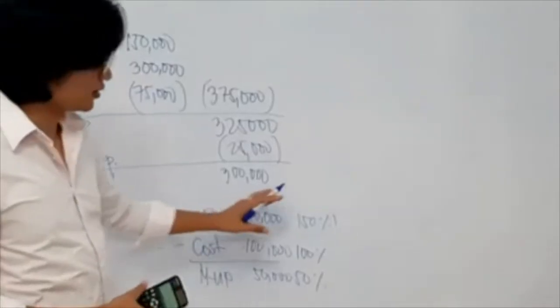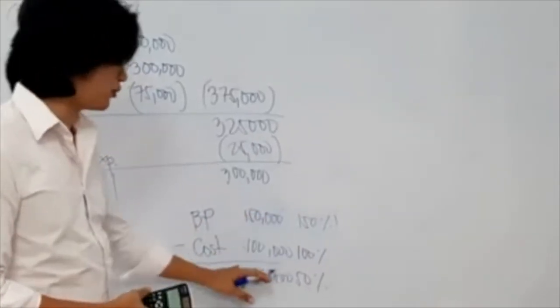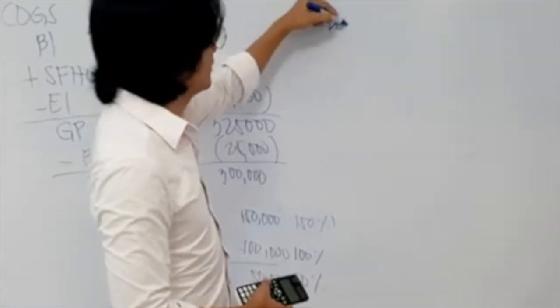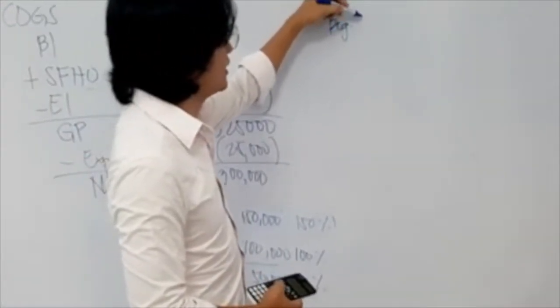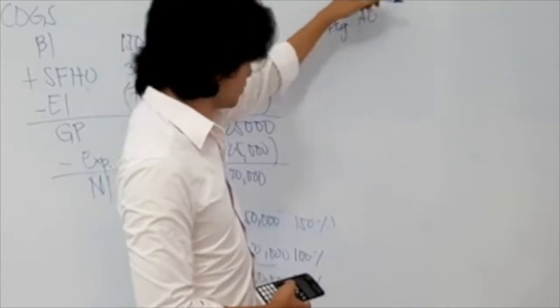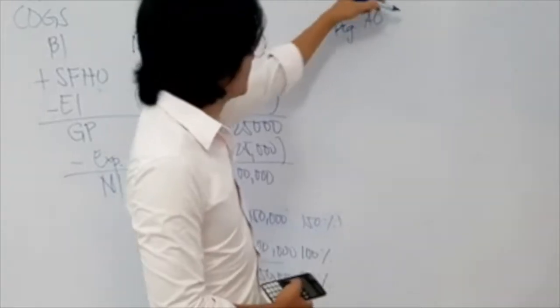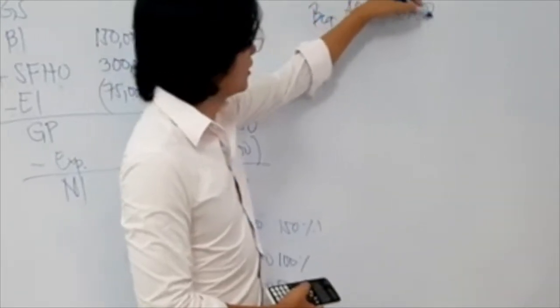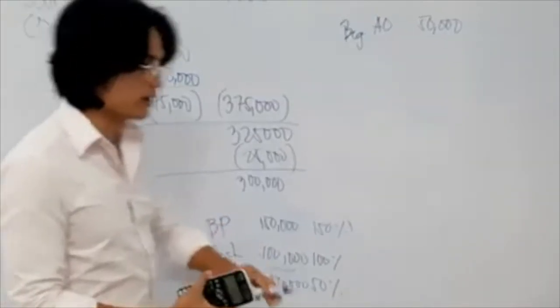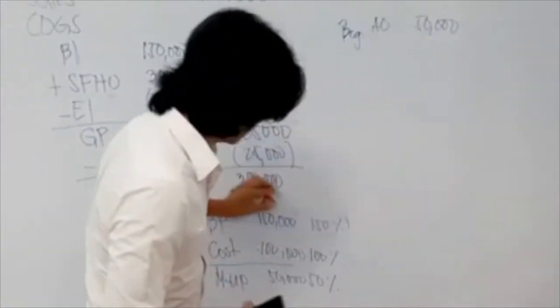So this is the formula we will do in order to compute for the markup. So we already have the markup for the beginning inventory. Okay, so beginning balance of allowance for overvaluation or markup, that is 50,000. Then we do the same for the shipment. So for shipment, we have 300,000.